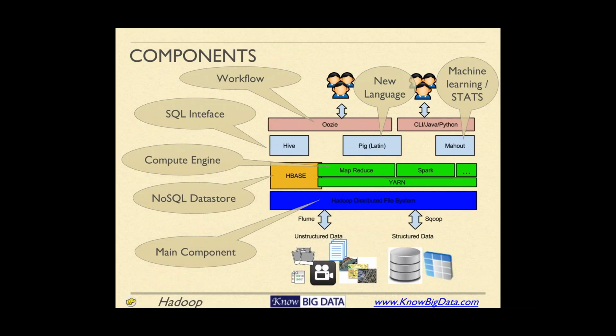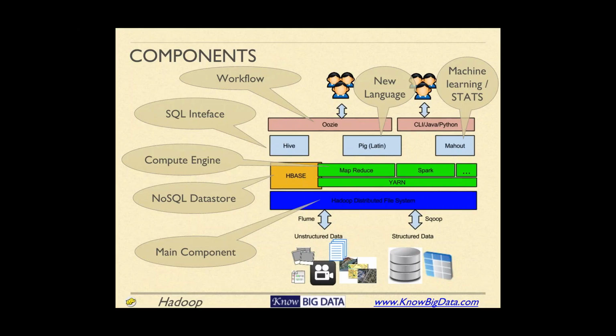Next, on top of the Hadoop Distributed File System, we need to do computing, because in HDFS data is sliced and divided across hundreds of computers. Some part of the data is on one computer, some part on another, some part on a third, and so on.